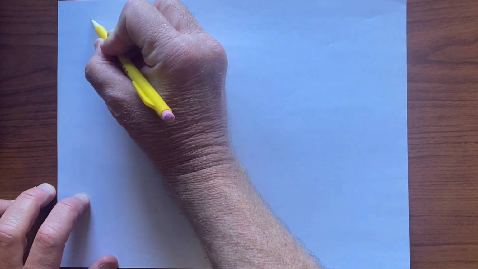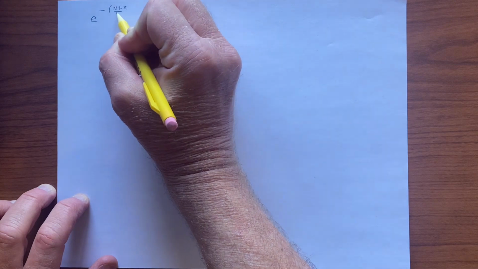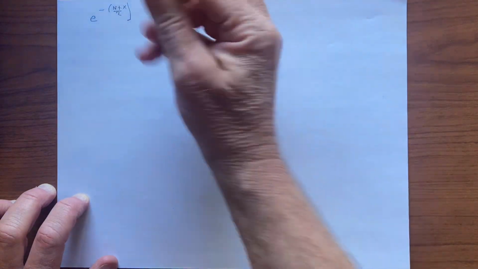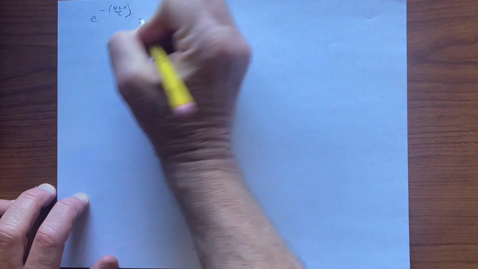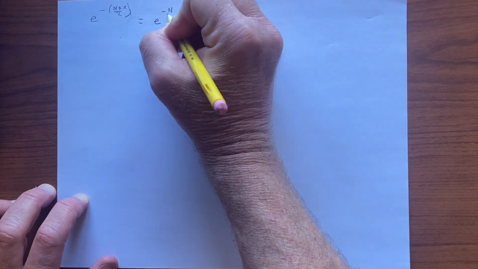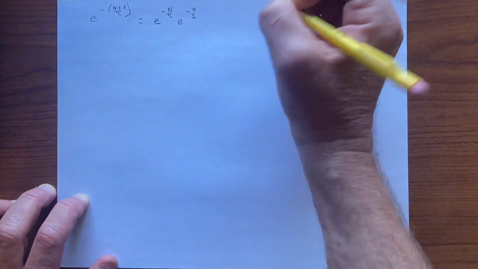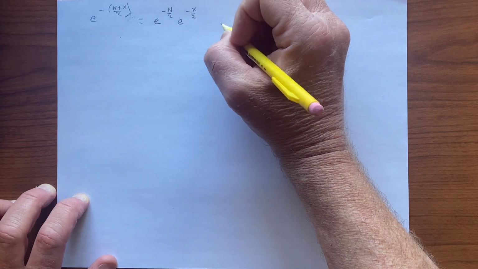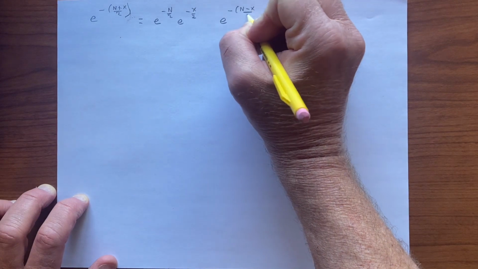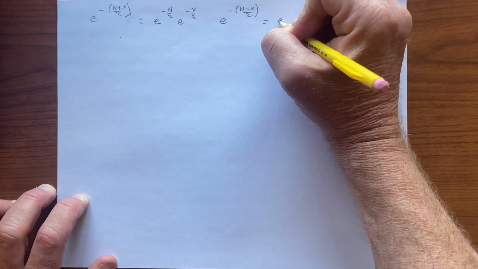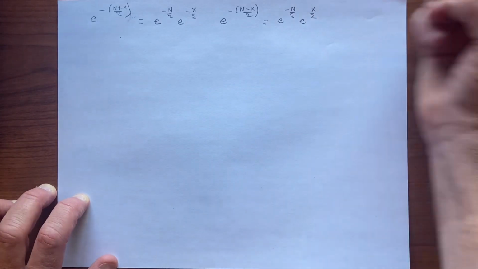Let's notice that e to the minus (n plus x)/2 is equal to e to the minus n/2 times e to the minus x/2, and e to the minus (n minus x)/2 is e to the minus n/2 times e to the x/2.